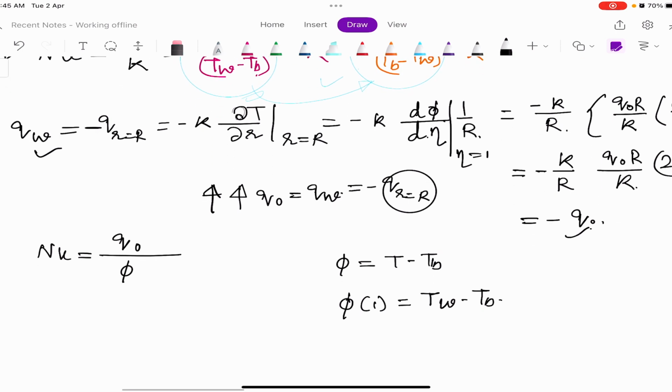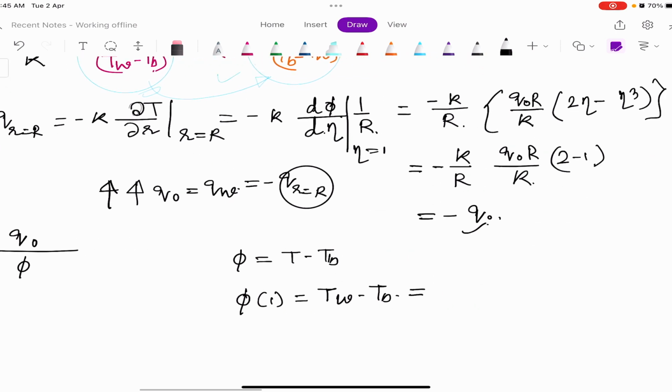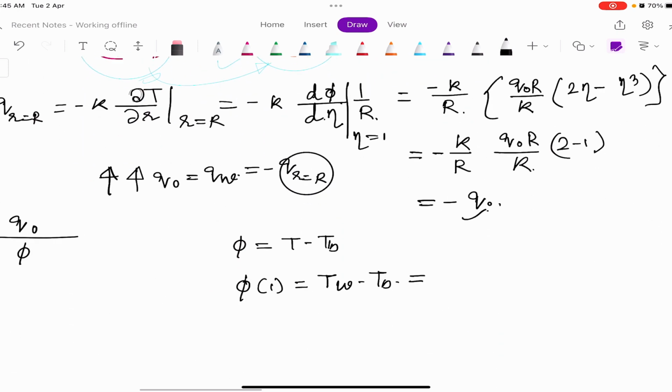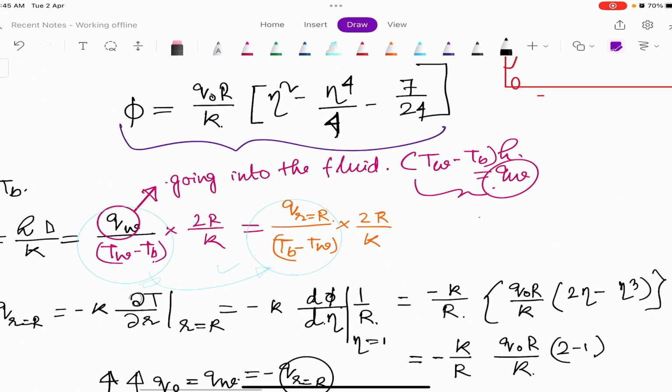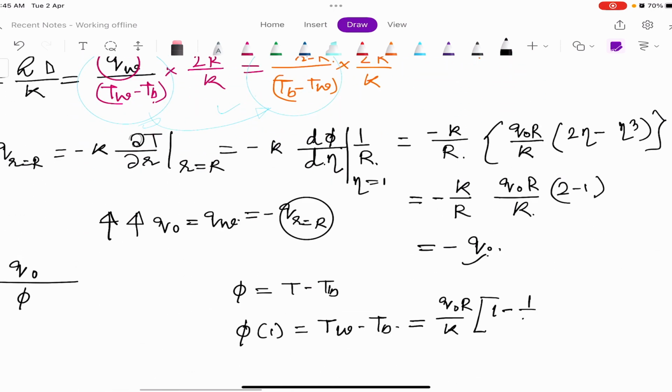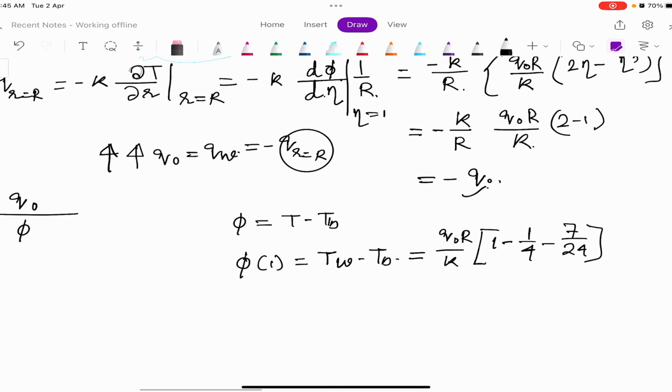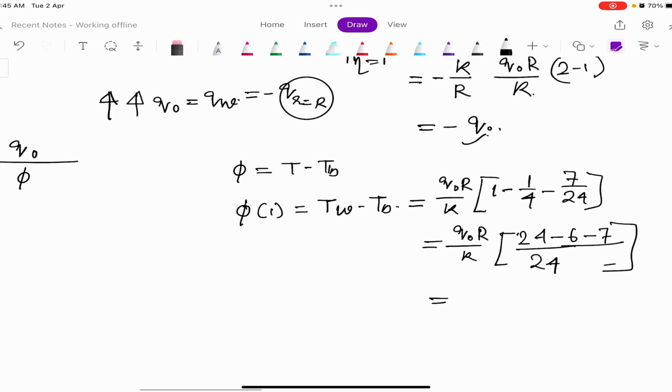Okay, so phi of 1 is what? That is here q naught R by k into 1 minus 1 by 4 minus 7 by 24, correct? And that is equal to q naught R by k, 24 minus 6 minus 7 over 24, and that is equal to 11 by 24 q naught into R by k.